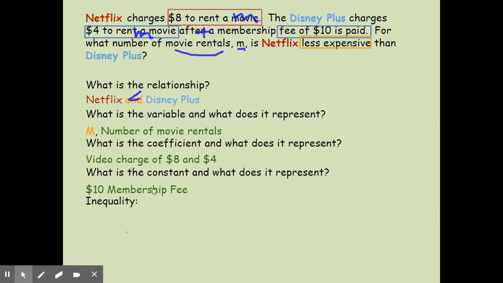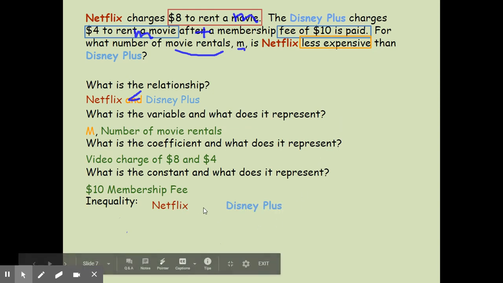Okay, so now I have to write my inequality, and it does say I want Netflix to be less expensive than Disney Plus. So I want Netflix to be cheaper than Disney Plus. So there's my less than symbol. Now I'm gonna use my information for Netflix on the left side. So I have 8M, so it costs me $8 to rent one movie.